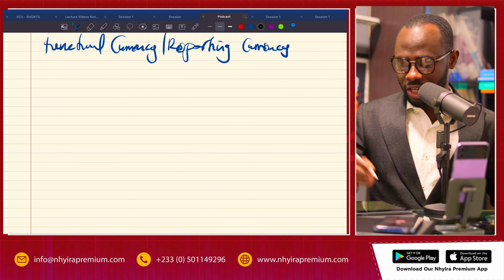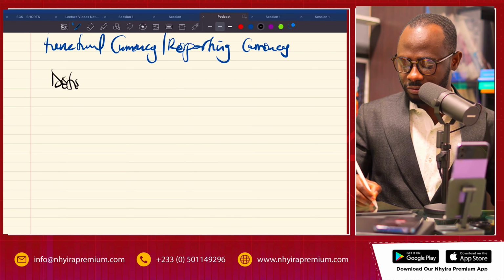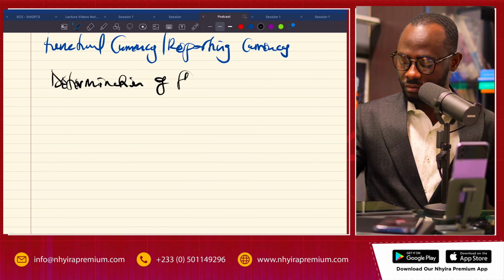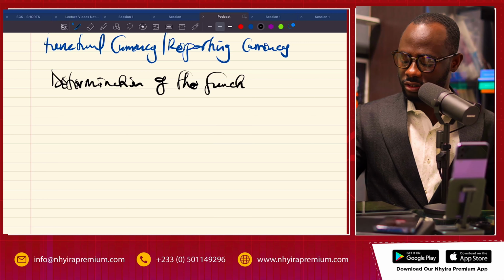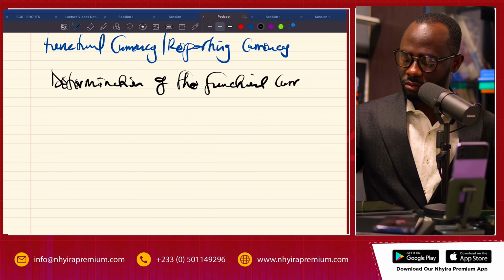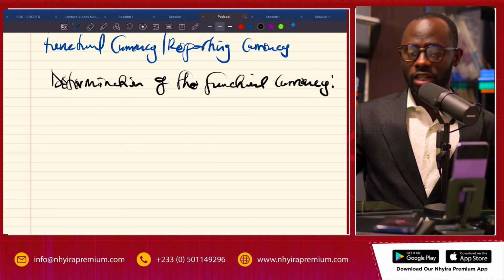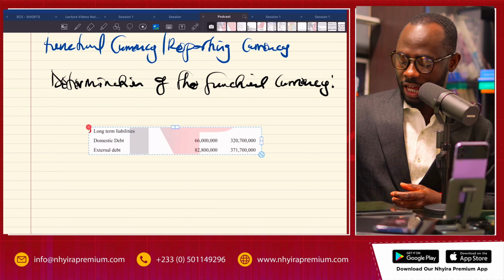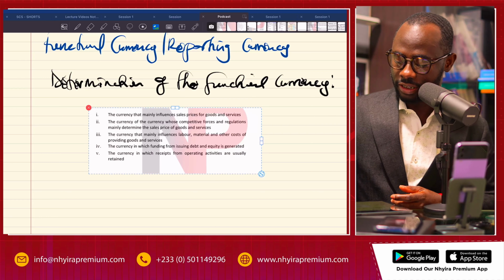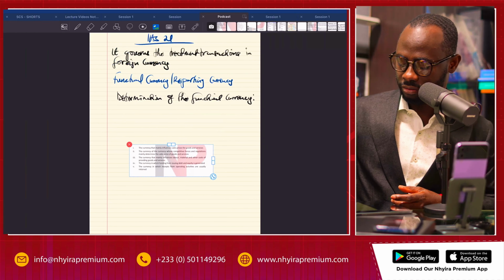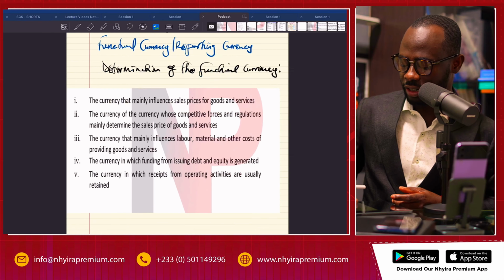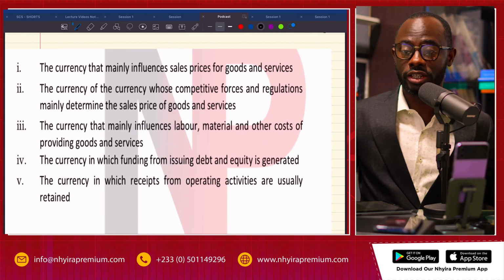So, determination of the functional currency of an entity. IAS 21 gives a couple of guidelines. Let me zoom it back in so we can see here.